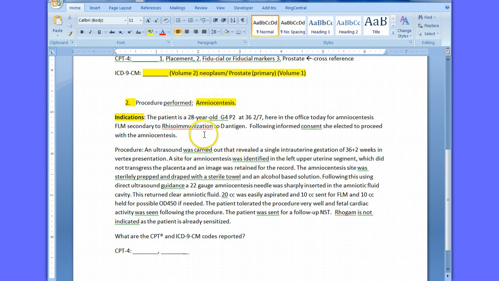So it's telling us that this patient is 28 years old, and they have G4, which means gravida, and in medical terminology, G4 or gravida stands for pregnancies. So she had 4 pregnancies. The P, para, is 2, which basically means she has 2 live births out of the 4 pregnancies. And at this point, she is 36 weeks and 2 days out of 7.